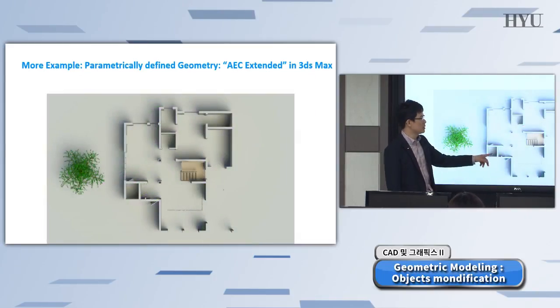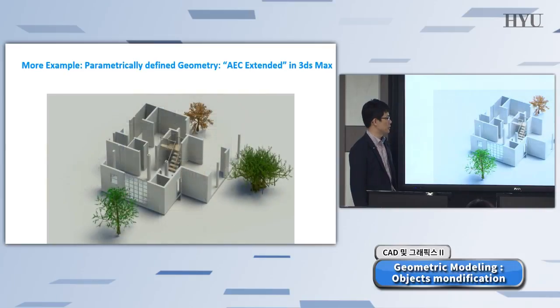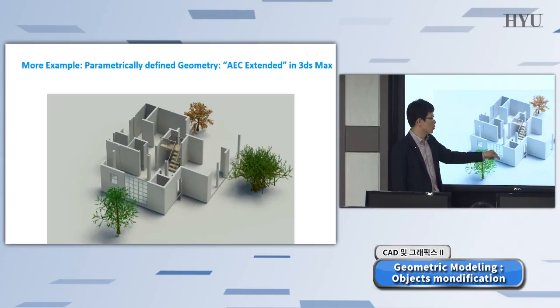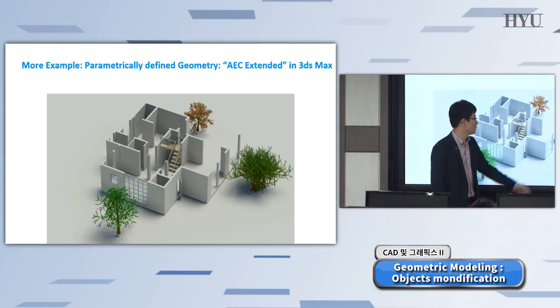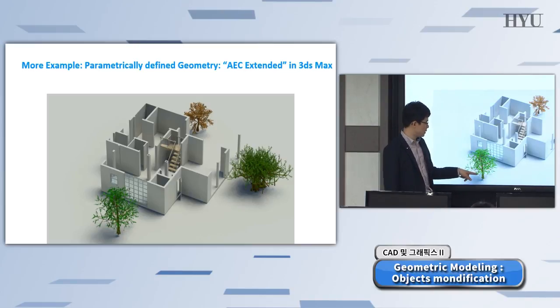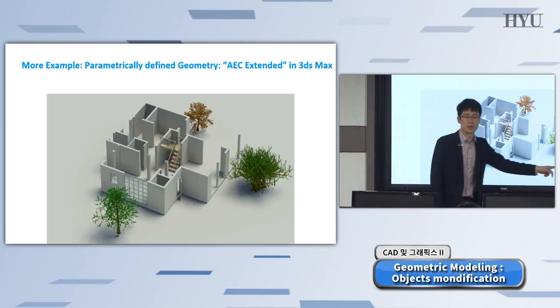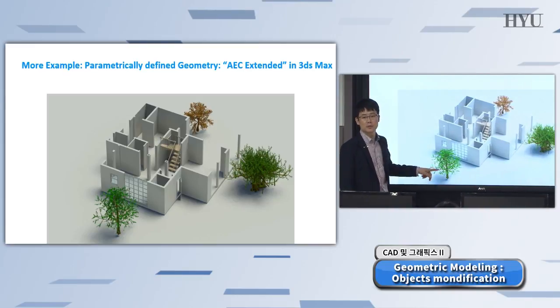So this one is a fundamental top view of that kind of 3D geometry generated from a 2D CAD file. Extruded walls or just wall objects modeled, and stair objects modeled, some windows, window objects, and foliage. They are some 3D Max default trees, okay? 3D Max has 3.